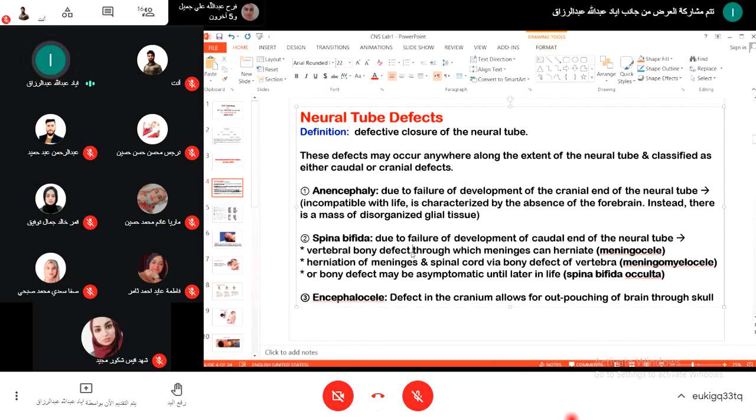When herniation involves the meninges and the spinal cord through the bony defect of the vertebra, the disease is called meningomyelocele. Again, as we learned previously, we benefit from the name to remember the definition. Meningo refers to meninges, myelo refers to the spinal cord, and cele indicates a sac. So when I ask you to define meningomyelocele, it is a sac containing meninges and spinal cord.